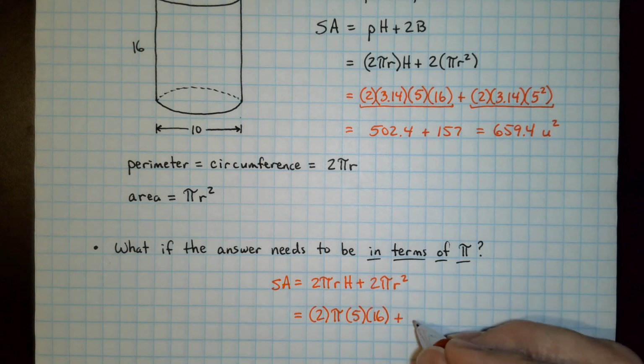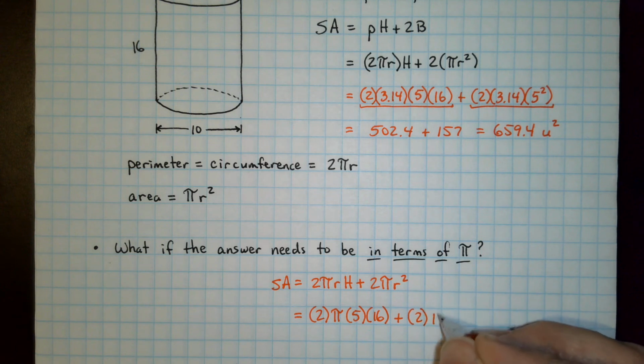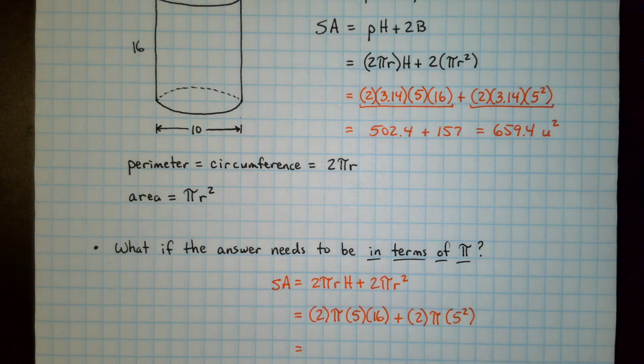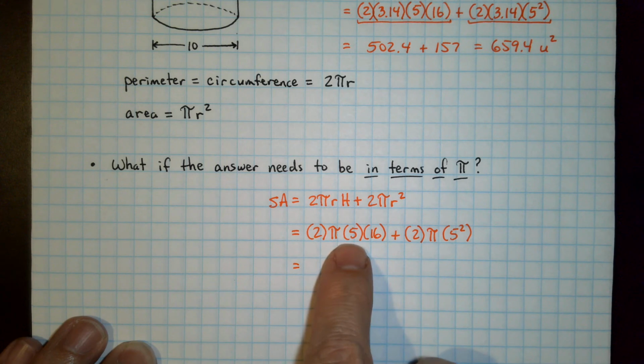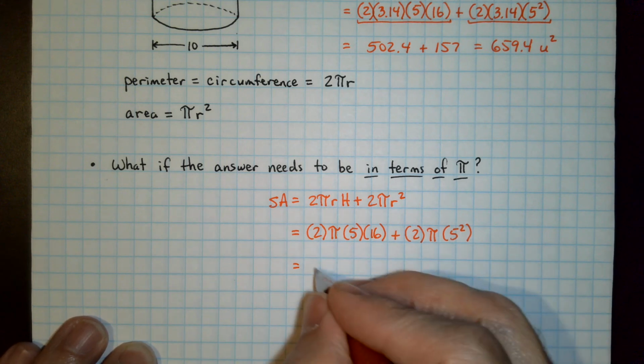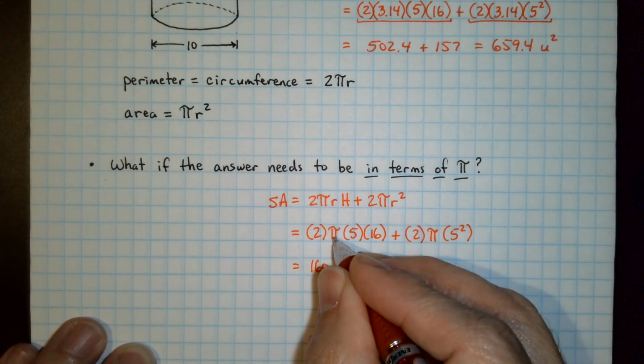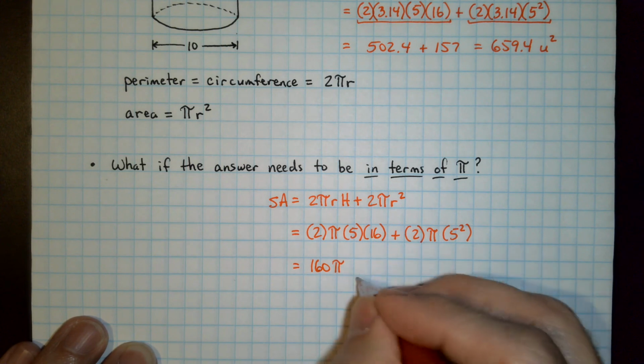So we're not using 3.14, we're not using any other approximation of pi. Now we still need to calculate here in much the same way. 2 times 5 times 16 will give us 160, and we have pi beside that.